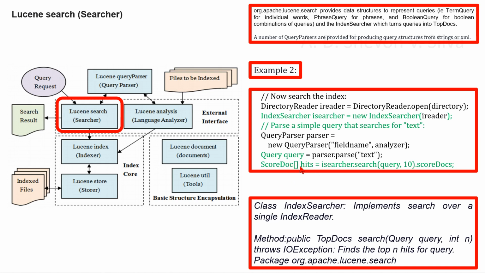Here the Query is the abstract base class for queries. In this code you can see we now search the index here, and here we pass a simple query that searches for text.